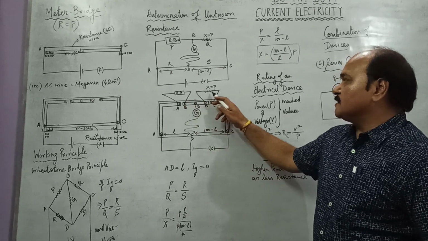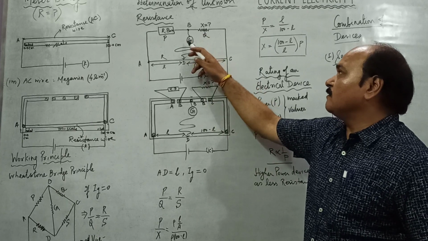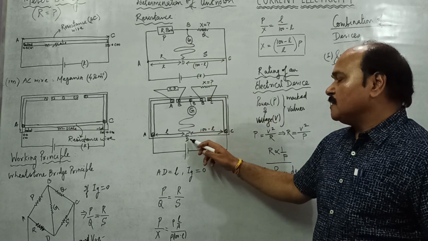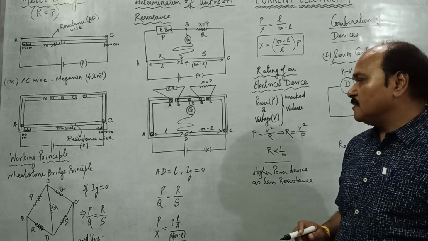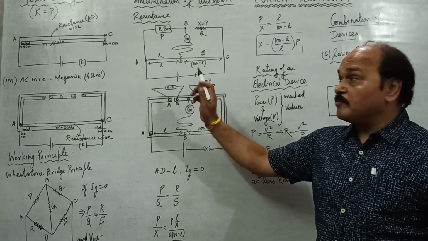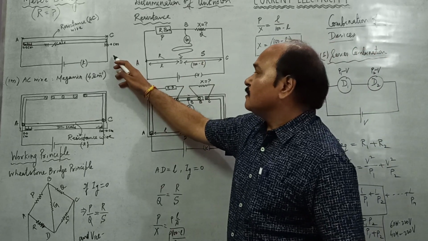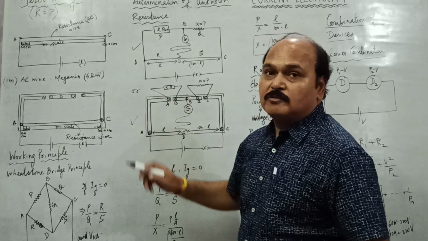This is the resistance box, this is the unknown resistance, and from here we connect the galvanometer. The other end of the galvanometer is made to slide over this wire from A to C. This is as usual the battery connected here. So you don't need to draw both the diagrams. You draw this diagram or you draw this diagram, not both.